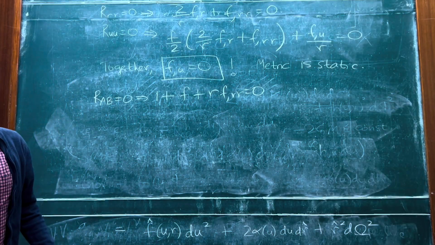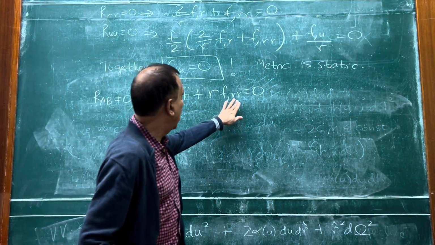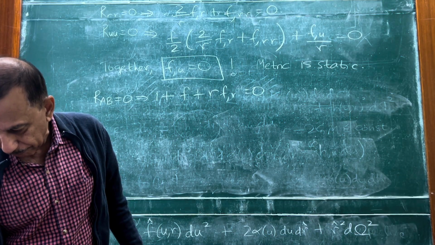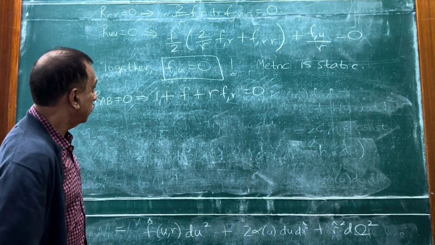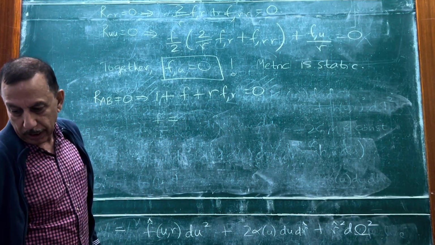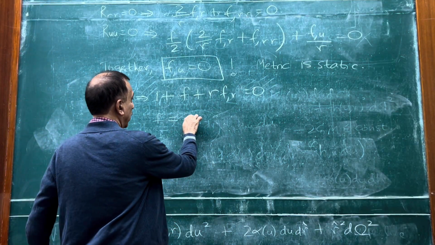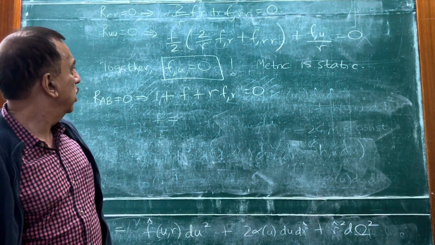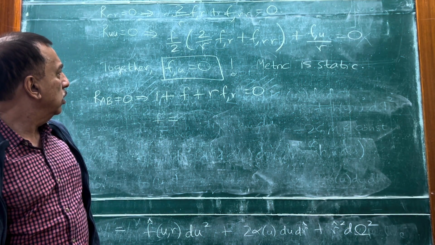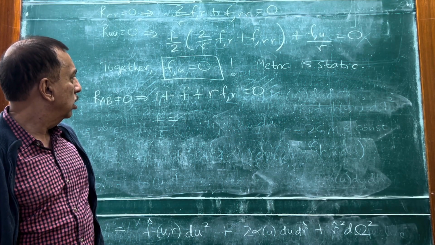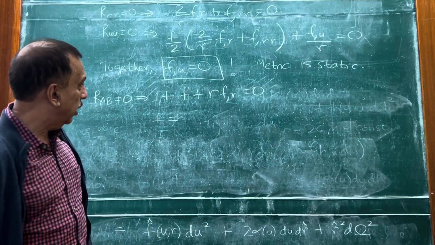And this one is f comma r. This immediately says that f is equal to 1 minus a by r.